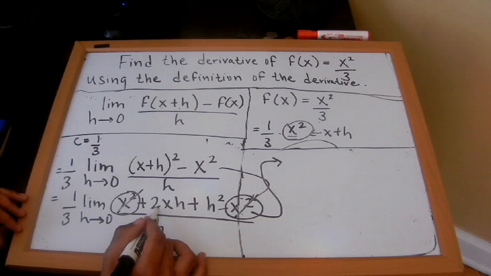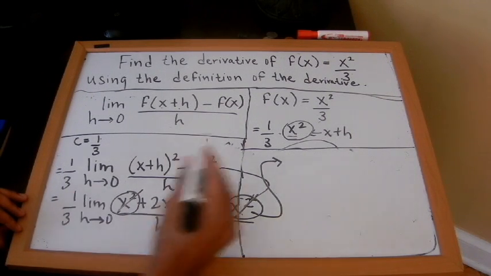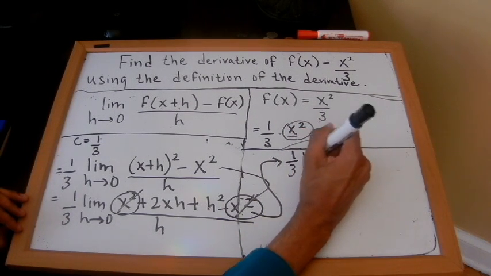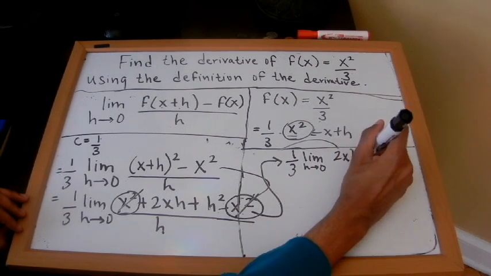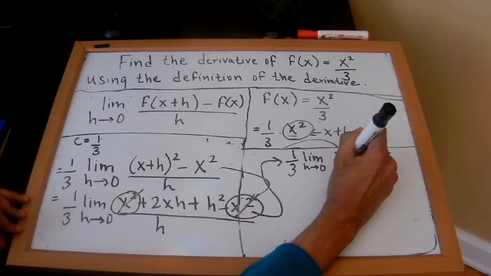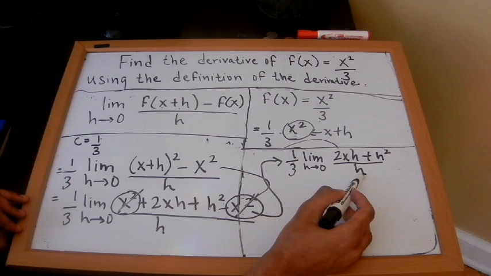And then we're left with 2xh plus h squared over h. So bring everything along: 1/3 times the limit as h goes to 0 of 2xh plus h squared divided by h. So we're almost done.